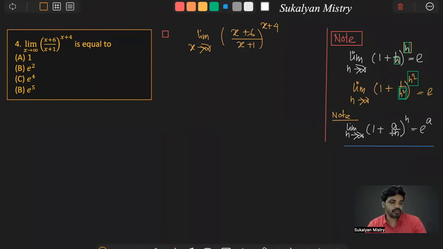Note down this. Okay, so now come to our problem. So here দেখো আমার এটাকে আমরা কি লিখতে পারি?